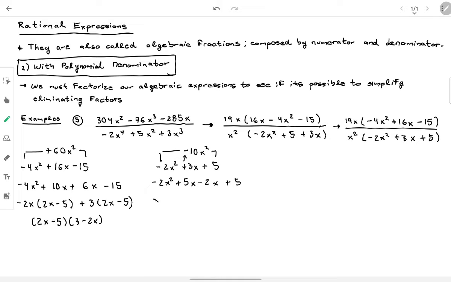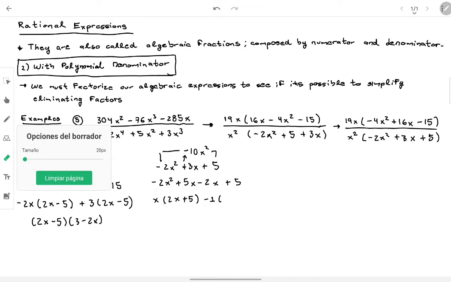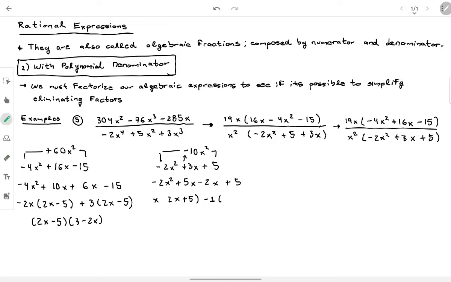So we can take an x here, and it's going to be 2x plus 5. We can take a minus 1, and I'm sorry, here I forgot the sign. It should be minus 2x. So here you can take a 1, and it's going to be minus 2x plus 5. Our answer is going to be x plus 1 that multiplies 5 minus 2x.